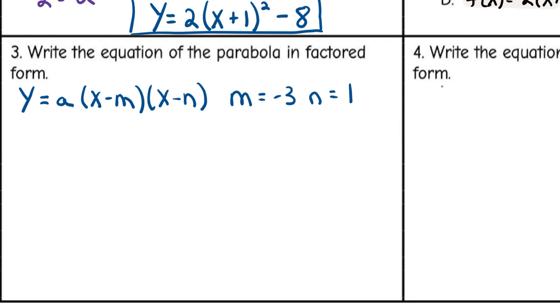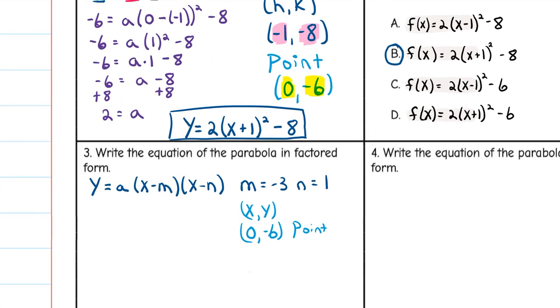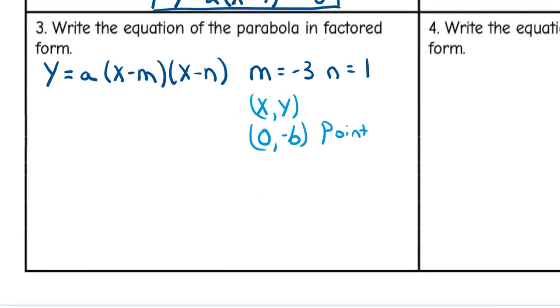And let me just do that in a different color so we can see what that looks like. So again, we said the y-intercept was at (0, -6), and that's going to be a point on the parabola. And so we're just going to identify where those go in the factored form.